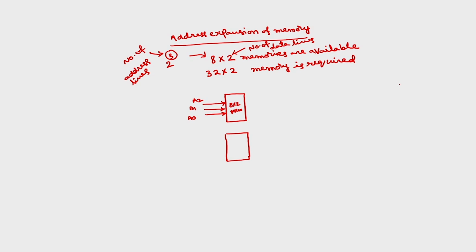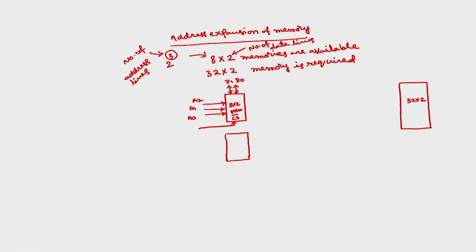And if I want a 32 by 2 memory, this will have 2 data lines, D1, D0, and one select signal. Normally the chip select signal is available as an active low signal, I will call it chip select bar. Okay.